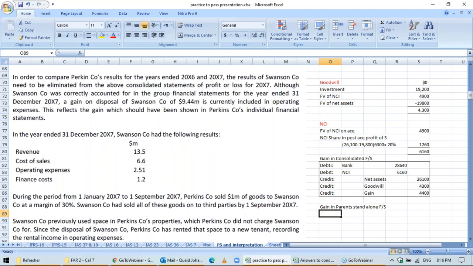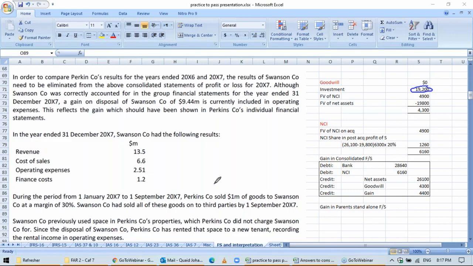They will have the investment there. Investment in shares will be reported in the standalone financial statements. At what amount did they make the investment at the time of acquisition? They purchased the shares for 19,200. This was the amount of investment.